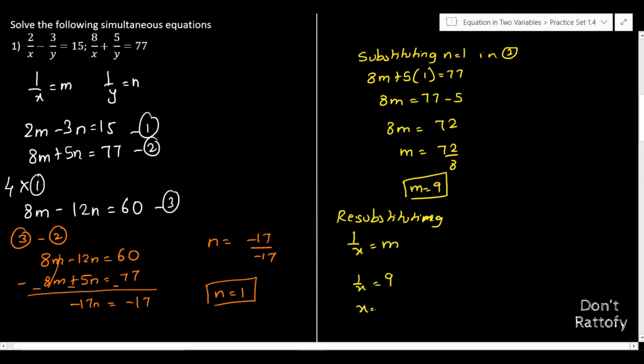So x will become 1 upon 9, by invertendo. Similarly, I know that 1 upon y is equal to n, but I know n is 1, right? So 1 upon y is equal to 1. So y will become again 1, same, invertendo. Okay, so I have the value of x and y. The x is 1 upon 9 and y is 1 upon 1.